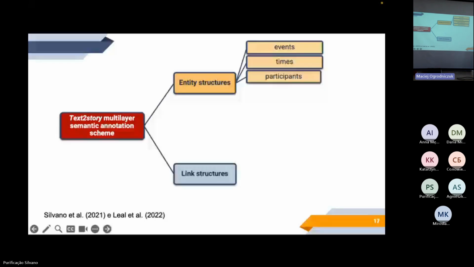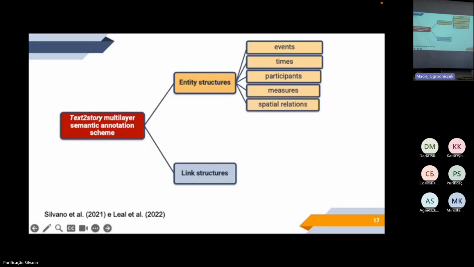We have also measures for quantifying expressions, spatial relations to represent locations, and we have this more recent tag, situations, that is used to establish discourse relations. We had to project this entity structure first because otherwise we wouldn't be able to link them, okay? And so the link structures must have the entity structure as a base, okay?